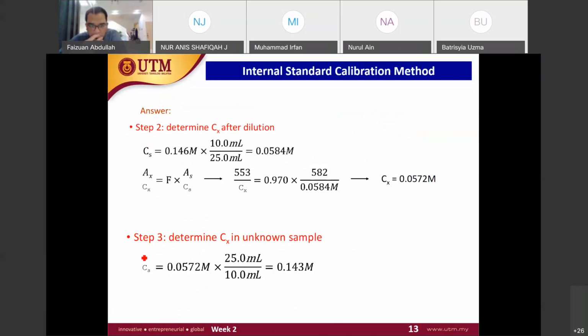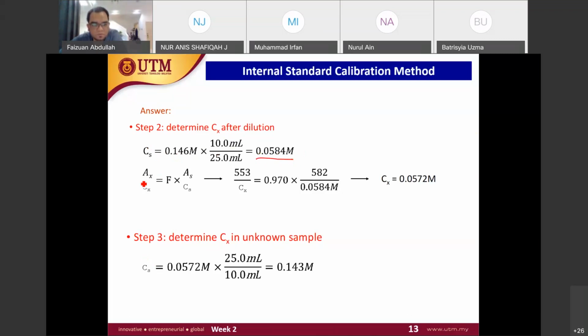Right, now we determine the concentration of analyte X after the dilution. So if Cs is equal to 0.146 molar times 10 over 25, it is equal to 0.0584 molar.